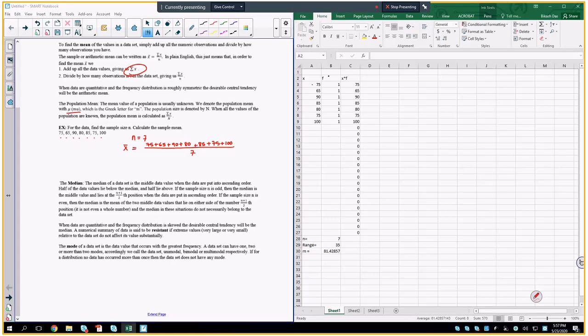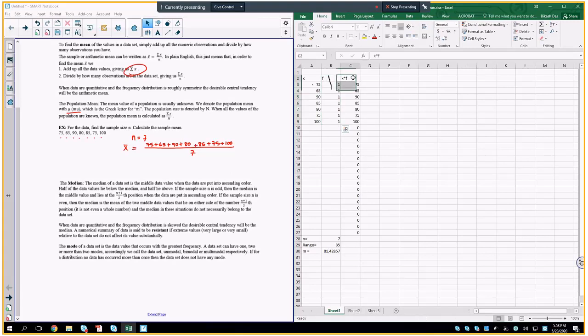Then the next column, if I click with my mouse, is going to be the frequency. So it's titled F. And since each of these numbers just appears once, I'm going to put in 1. But if I had 2 90s, for example, then I could put 2 and it would count it twice without me having to type it twice.